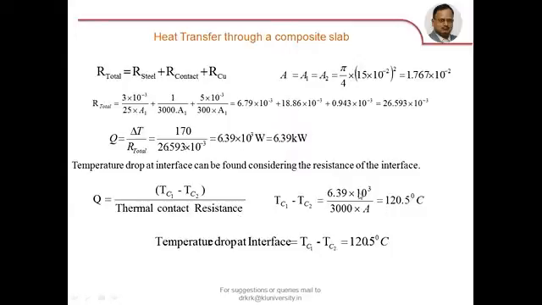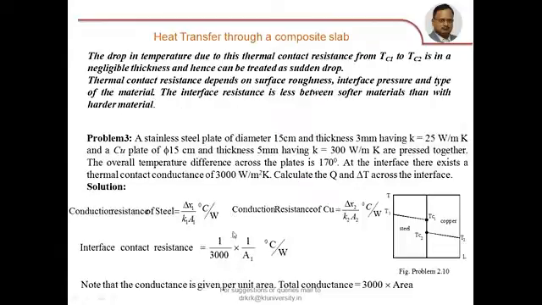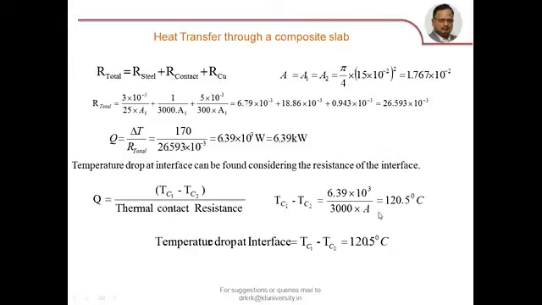Q is 6.39 into 10 power 3, and thermal contact resistance is 1 by 3000 into area. So you will get 120.5 degrees centigrade. So the temperature drop at the interface is 120 degrees centigrade roughly.